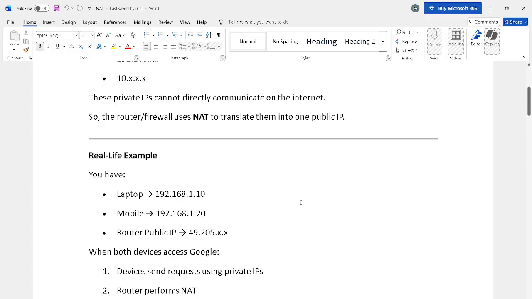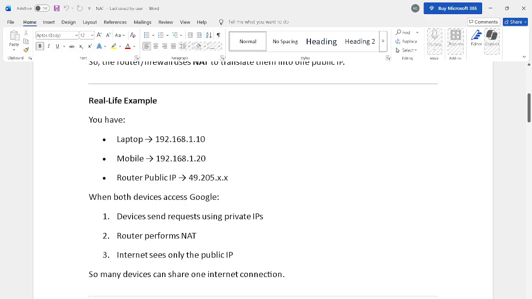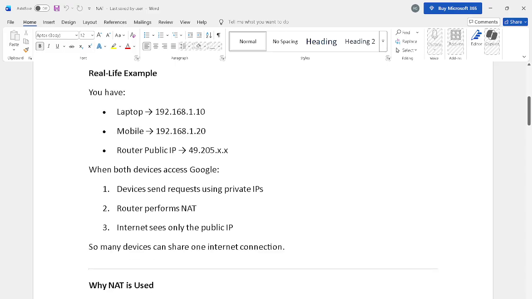A real life example: you have a laptop. For the laptop we assign 192.168.1.10. The mobile takes the IP address 10.168.1.20. The router public IP is 49.205.x, like that. When both devices access Google, the devices send requests using private IPs.